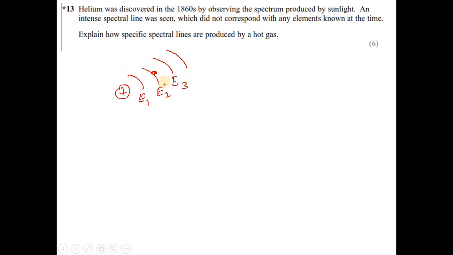If the atom absorbs energy from outside, suppose this is the energy absorbed by the atom from outside, then the effect of this absorbed energy is that the electron in the atom jumps to a higher energy level due to the increase of energy, and the atom becomes excited.